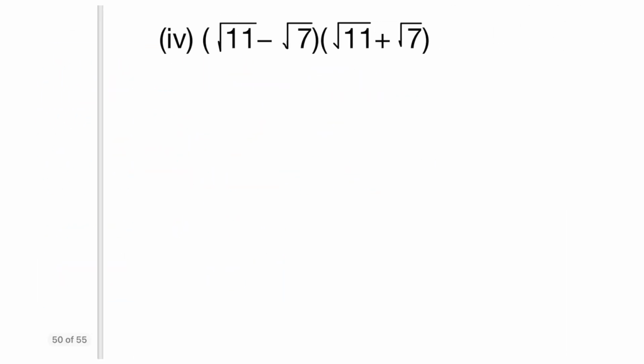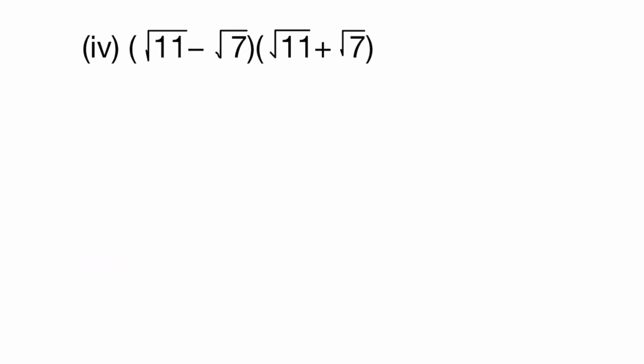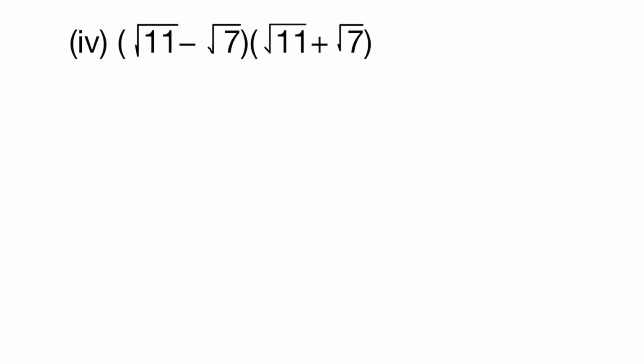Now moving to the next question here, which is also similar to an identity that we saw, which is root 11 minus root 7 multiplied by root 11 plus root 7. This is the question. Also this is of the form a plus b into a minus b, so that can be written as a squared minus b squared.